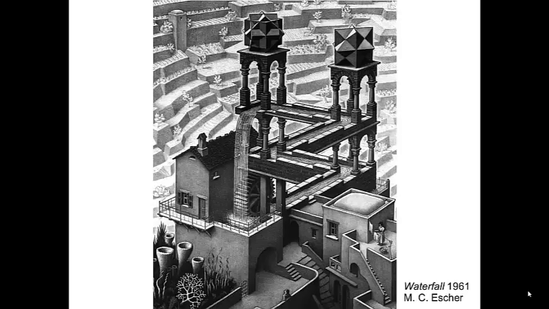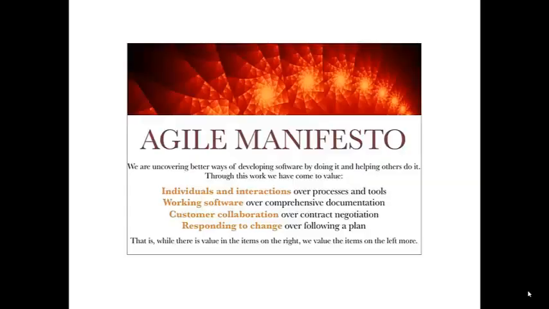Now the reality is, of course, this is a diagram from an etching by M.C. Escher. So the idea is you've got the linear flow, here's your waterfall, but you've also got a cycle as well. So you have both the linear component and the cycle.